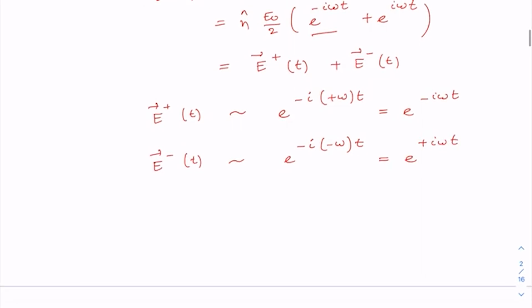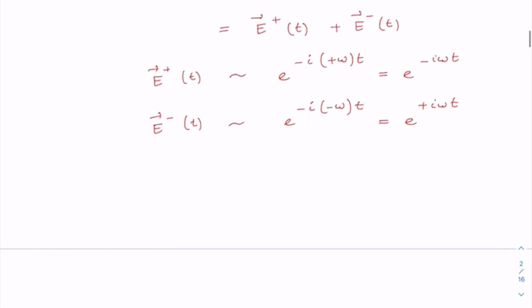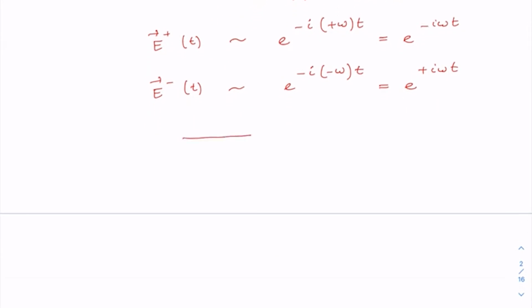The atom, which is modeled as a two-level system, has atomic transition frequency ω0. So here say the ground state has energy 0, then the excited state will have energy ħω0. The ground state is labeled as |g> and this is labeled as |e>.